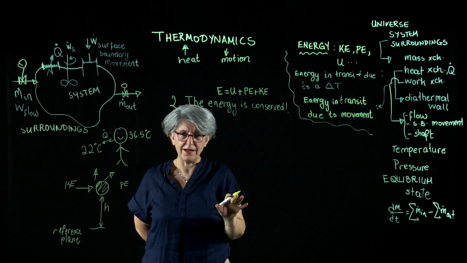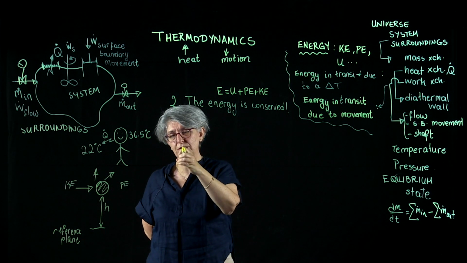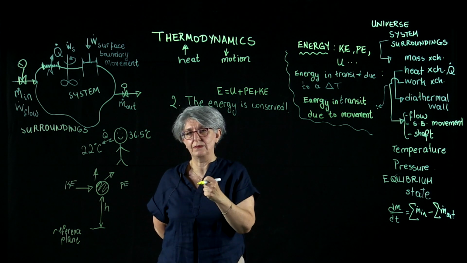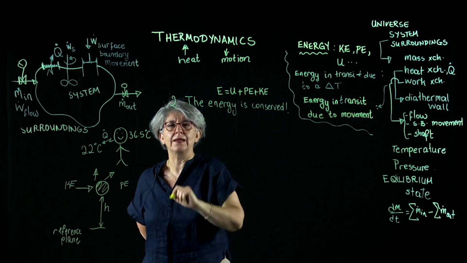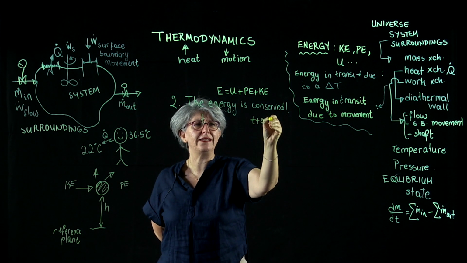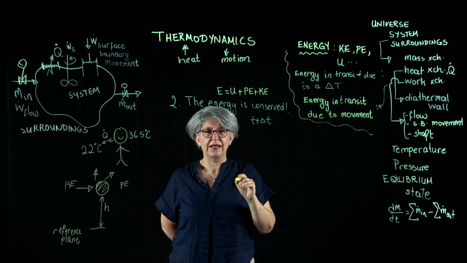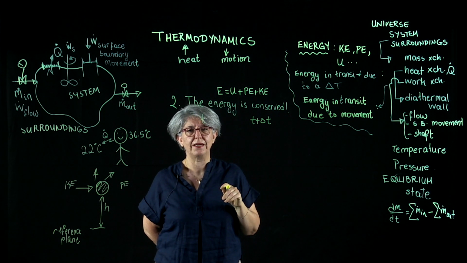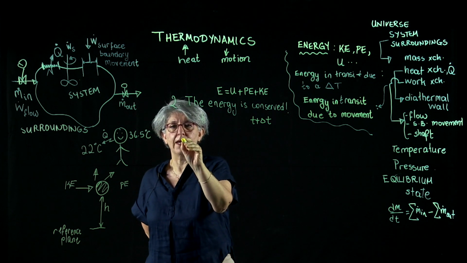And I will apply the same strategy. I'm going to take the picture of my system at time t and at time t plus delta t, and I'm going to check what my equation is going to look like.